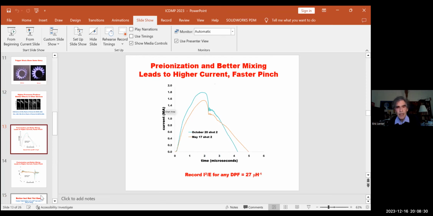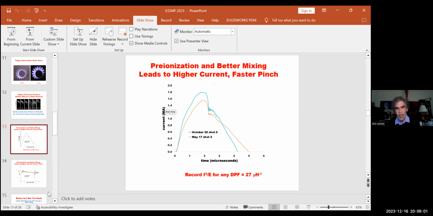So what we did during the summer, we experimented with various approaches, and we found two things. One is that we were incorrectly mixing the gases. So we were mixing in a small amount of nitrogen with the deuterium, and we were actually getting inadequate mixing within the vacuum chamber.